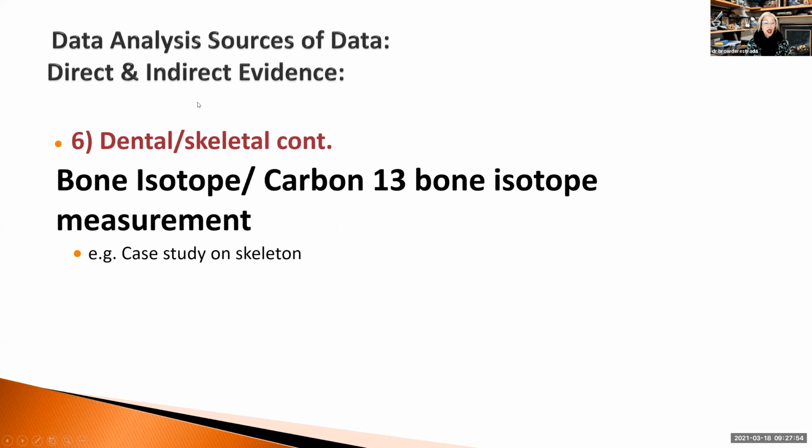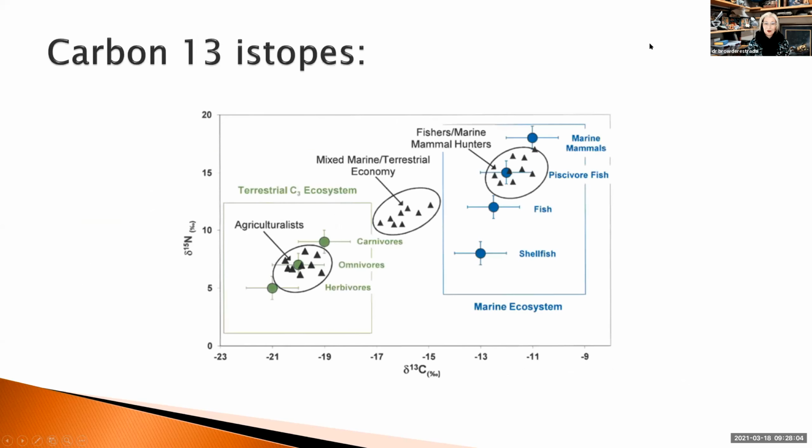And okay, bone isotope or carbon-13. So do remember carbon-14 was for dating, carbon-13 is for diet. So let's take a look. Now, carbon-13 isotopes are not something that we want to spend part of our budget on for archaeological remains from the whole planet.